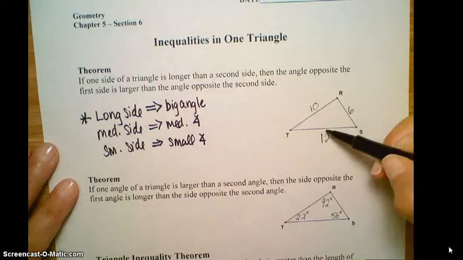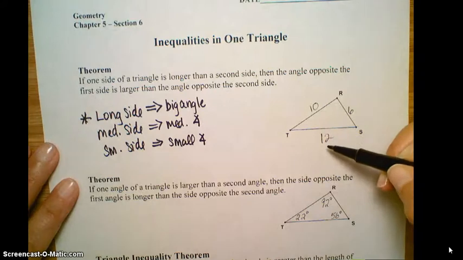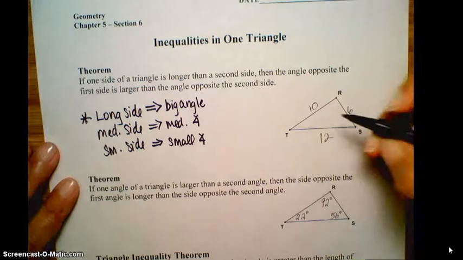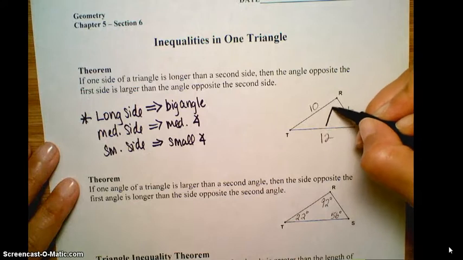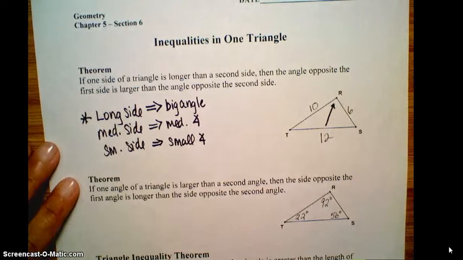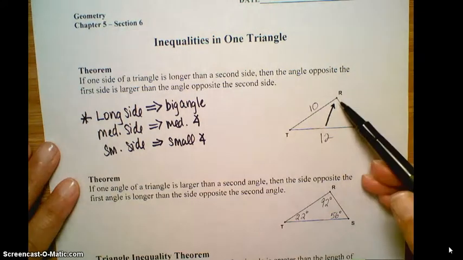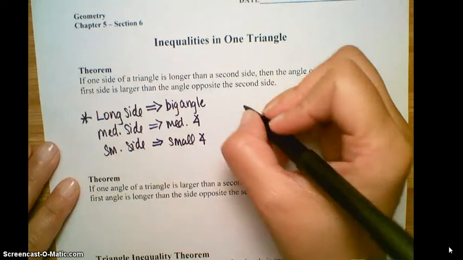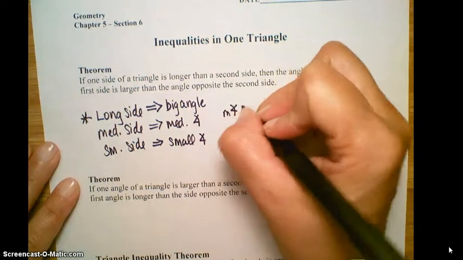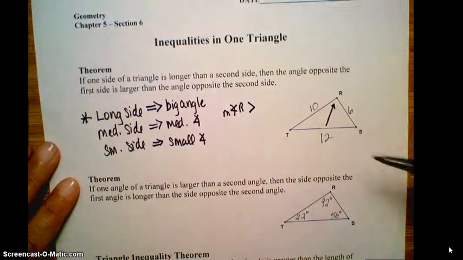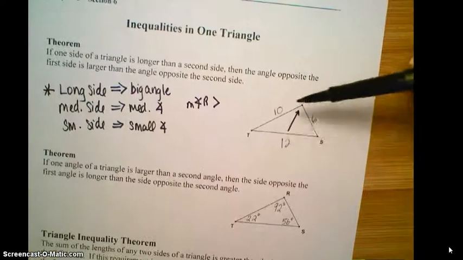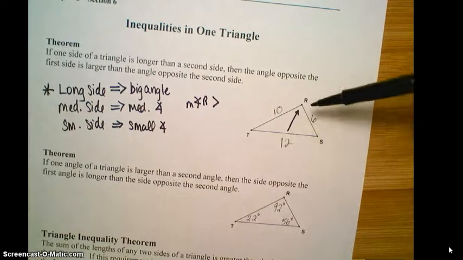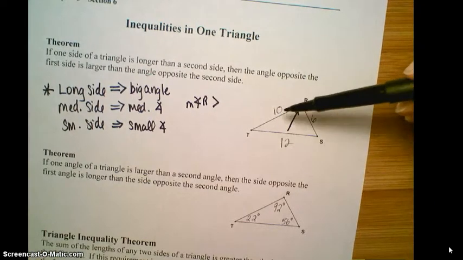So notice this side, 12, is the longest side in the picture. The angle opposite that is angle R. And that means that if this is the longest side, angle R is the biggest angle. So the measure of angle R will be bigger than, well, our medium-sized side is this 10.